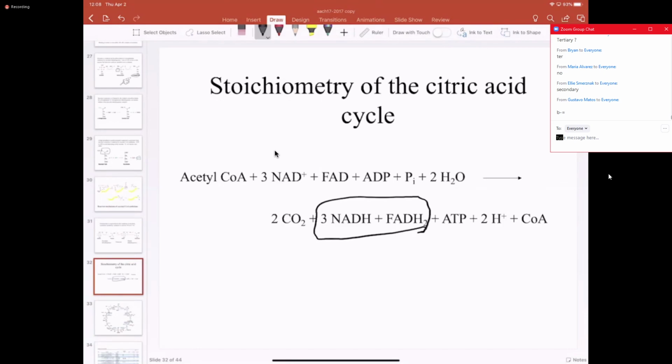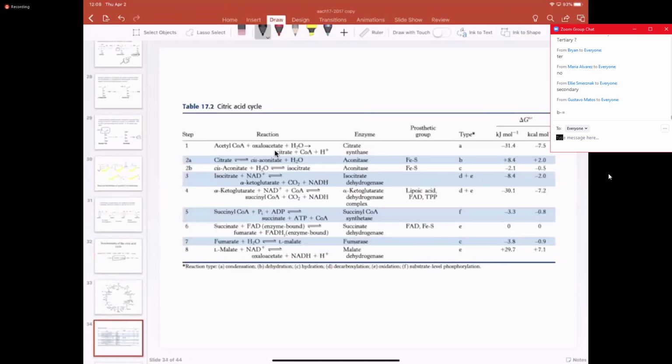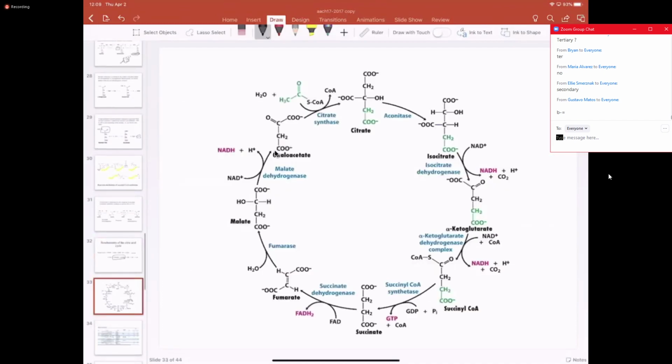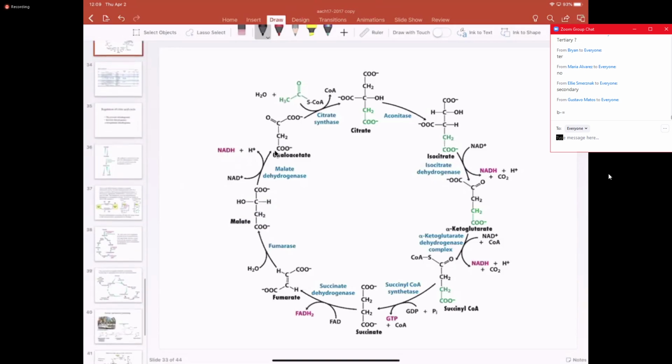We'll show you how this NADH and FADH2 goes on to react with oxygen to produce water in chapter number 18. So please make sure that you take a look at this and that you understand the enzymes and the structures involved in the citric acid cycle.